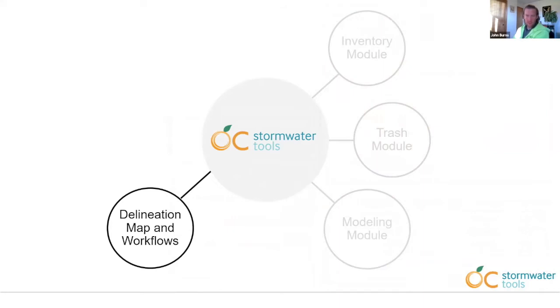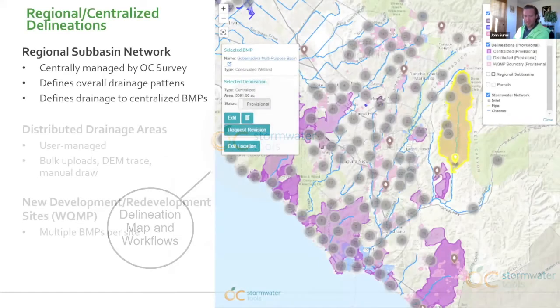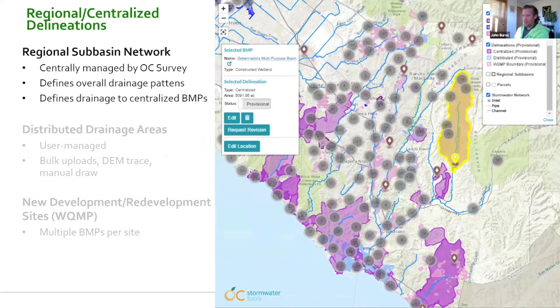Next, we have a delineation map and workflows. This is a web-based view to visualize your network, your sub-basin network. In this case, the network is maintained by the OC survey department and then synchronized into the platform through web services.